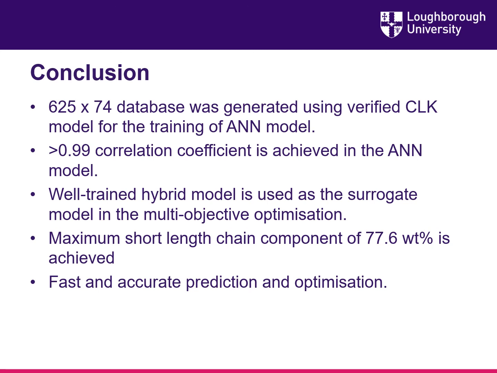Based on the result of the ANN model, more than 0.99 correlation coefficient is achieved. And this well-trained hybrid model is then used as the surrogate model in the multi-objective function. Based on the result of the optimization, a maximum short chain component of 77.6% is achieved from the Pareto front. And this model provides fast and accurate prediction and optimization as well.